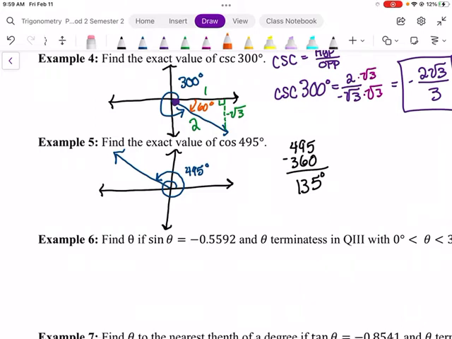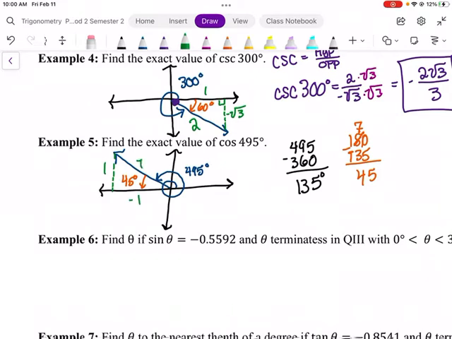Then we need to find our reference angle here. Because I know just from the positive axis to that terminal side is just 135 degrees, I'm going to use that to figure out my reference angle. So for this one, 180 minus 135, we're going to end up with 45 degrees. Now that we have our reference angle, we can again fill in our triangles.